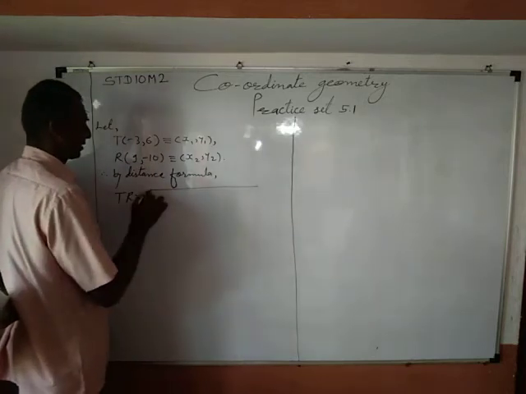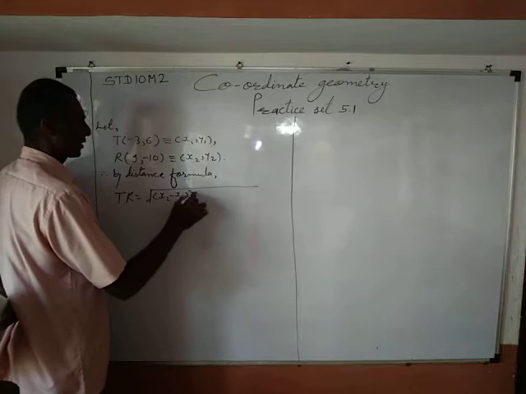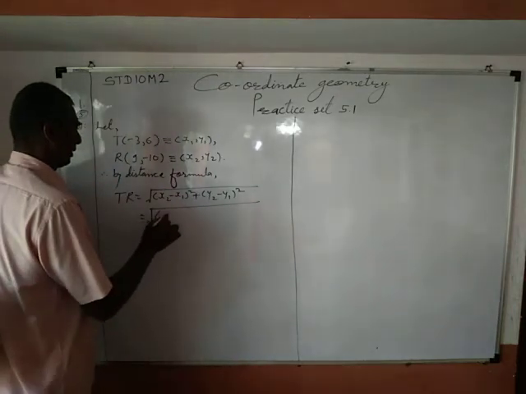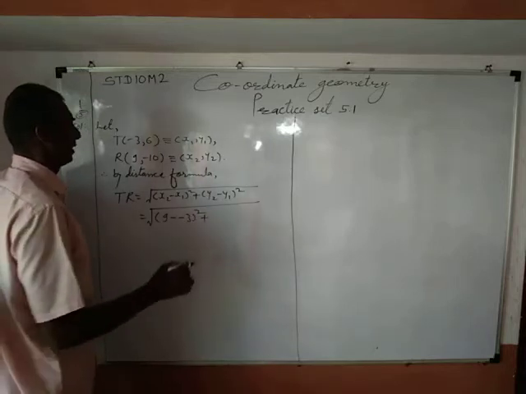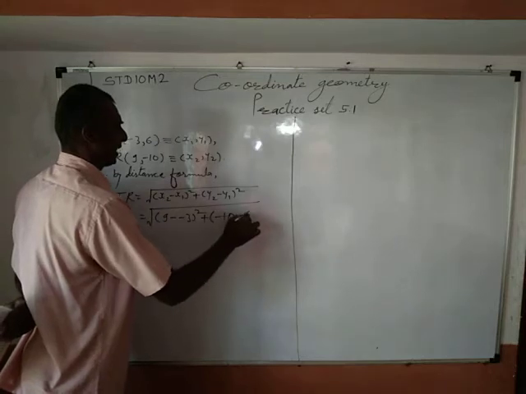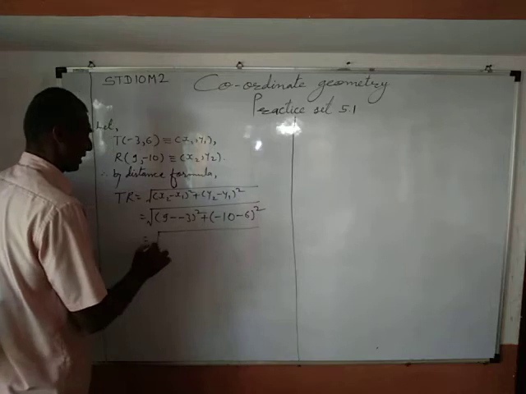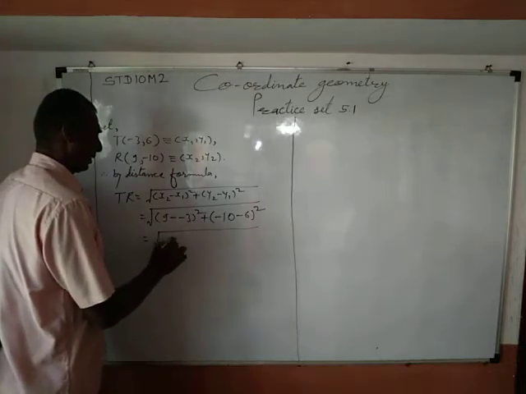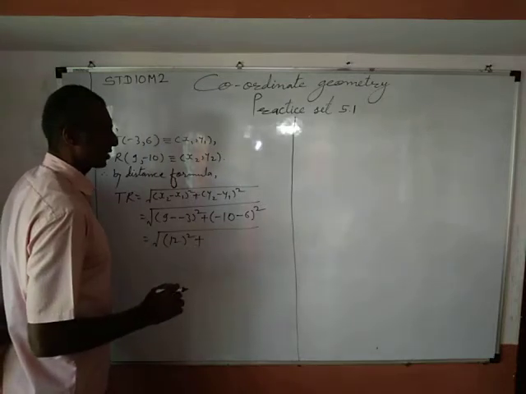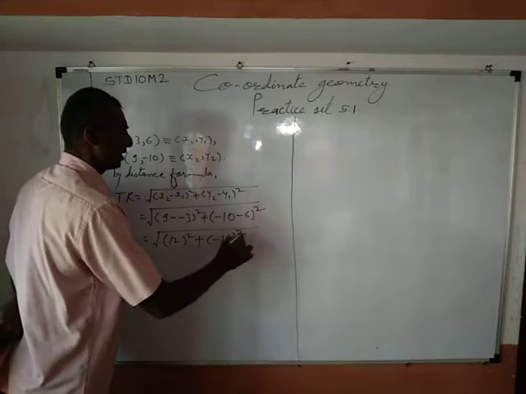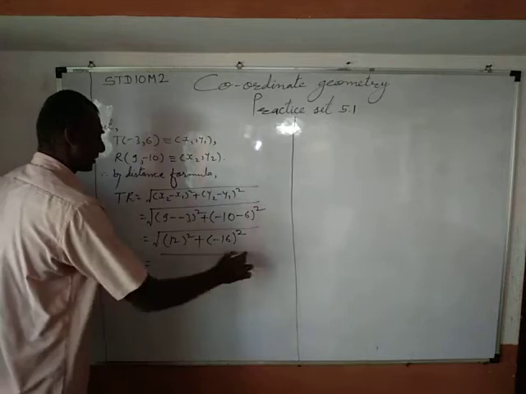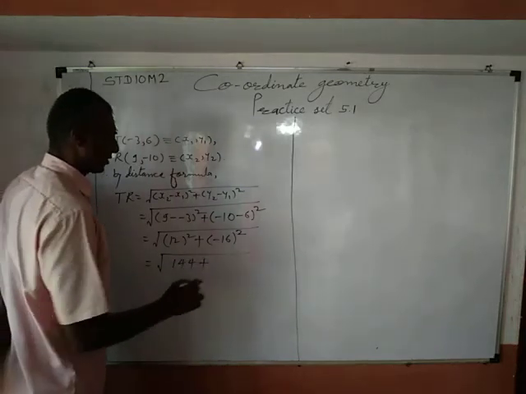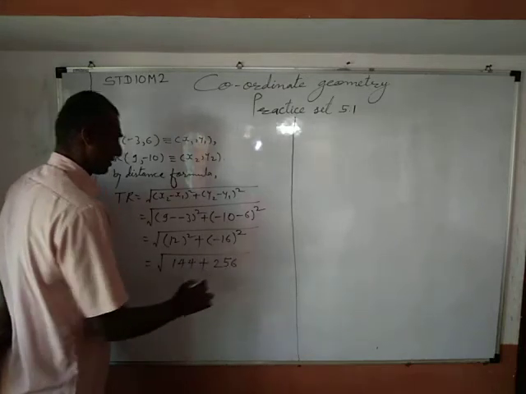TR equals under root (x2 minus x1) square plus (y2 minus y1) square, equals under root (9 minus minus 3) bracket square plus (minus 10 minus 6) bracket square, equals under root (9 minus minus 3 means 9 plus 3) 9 plus 3 is 12, its square plus (minus 10 minus 6 means minus 16) its square, equals under root square of 12 is 144 plus square of minus 16 is 256.